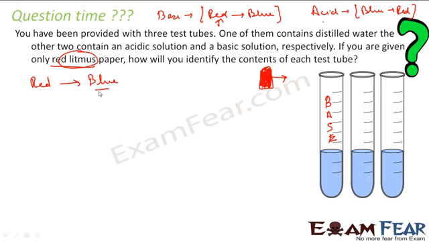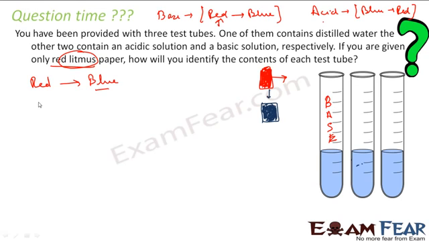So now what I have, I don't have red litmus paper. Correct? So now what I have is blue litmus paper. Please note, my red litmus paper is turned into blue actually. So now I have blue litmus paper. With this blue litmus paper, I know this one is base now. I don't need to test this. So one of these is acid.